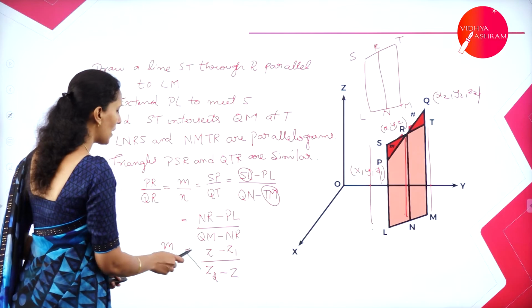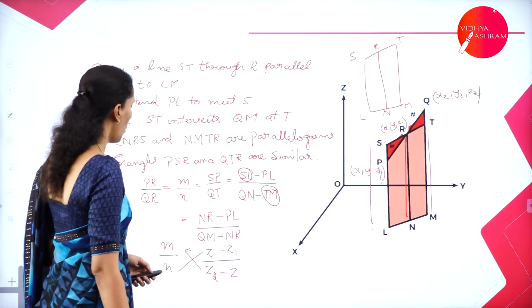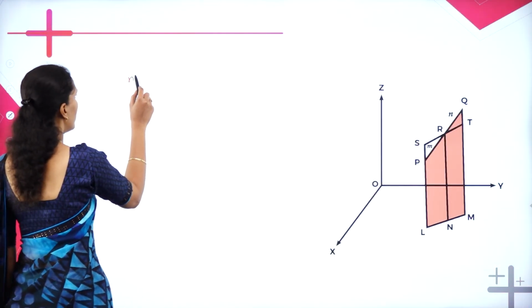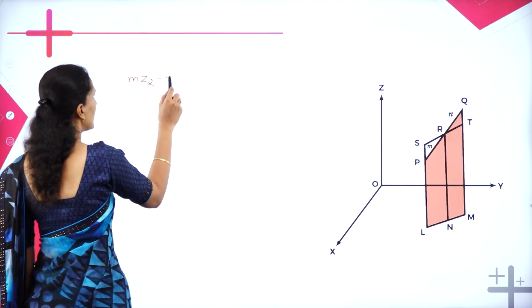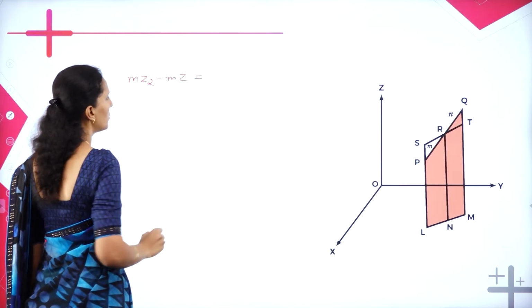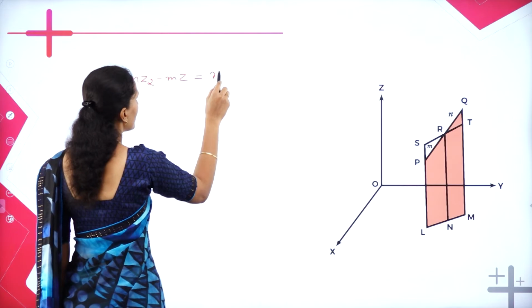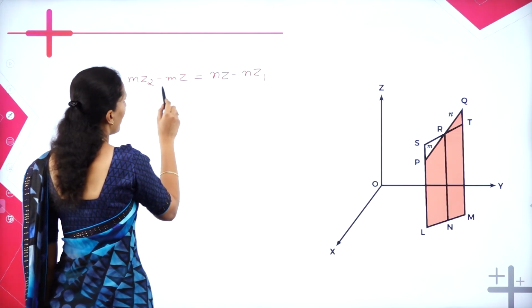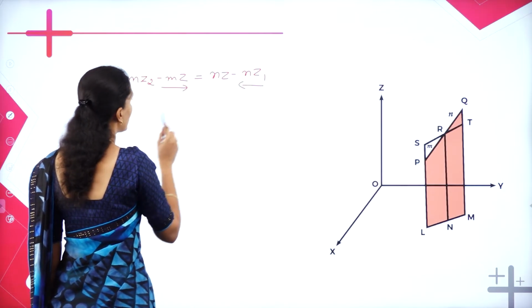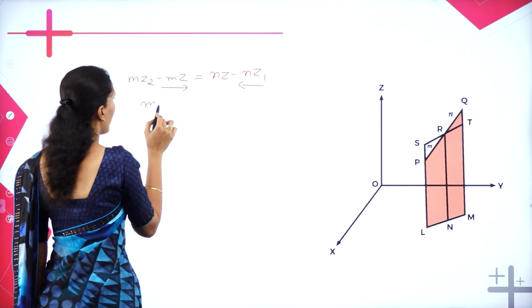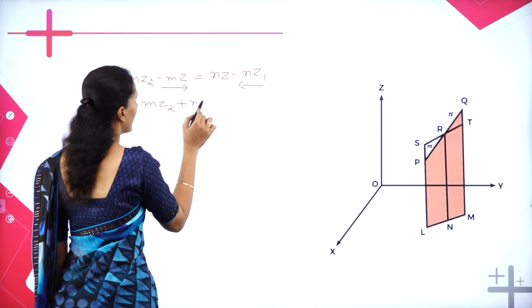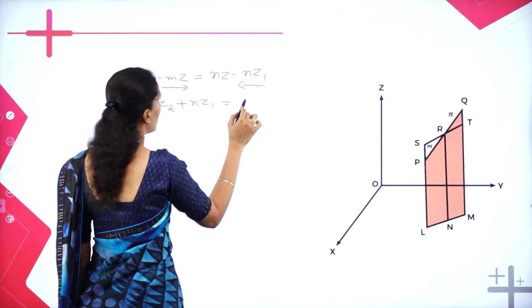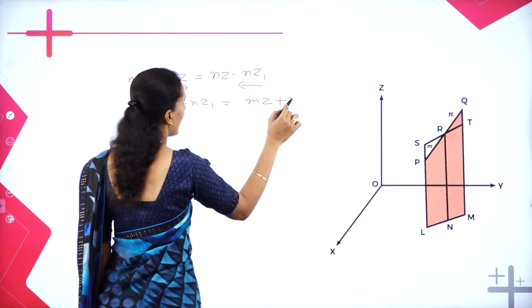Now cross multiply these two. What happens? It will become MZ2 minus MZ is equal to NZ minus NZ1. Shift MZ this side, NZ1 this side. So this becomes MZ2 plus NZ1 is equal to MZ plus NZ.